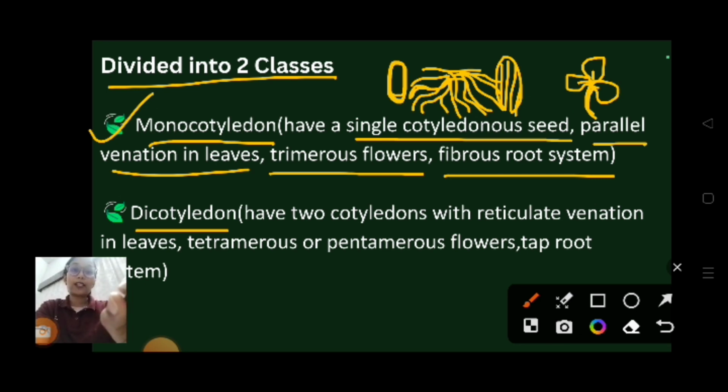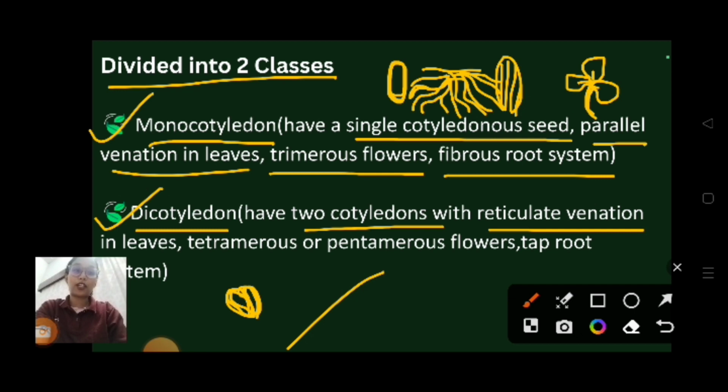Now the next point is about the dicotyledonous plants, which have 2 cotyledons, like in pea and gram. You have seen two seeds. If we divide it, it can be divided into 2 parts. 2 cotyledons can be seen, and in the leaves the venation is reticulate venation. You have seen these reticulate venations.